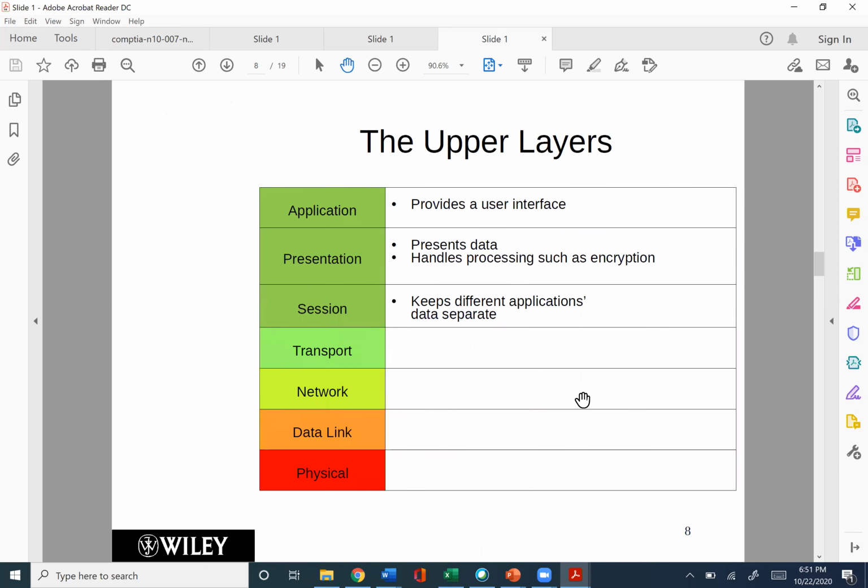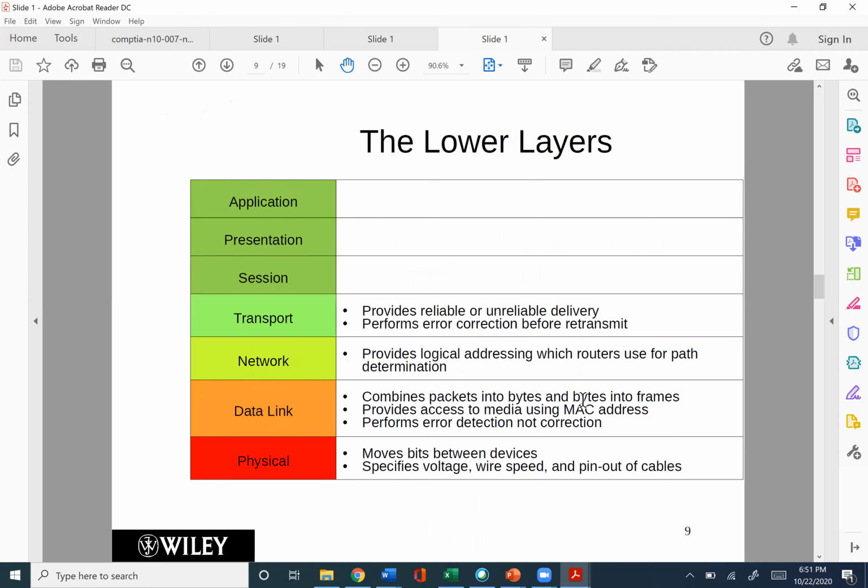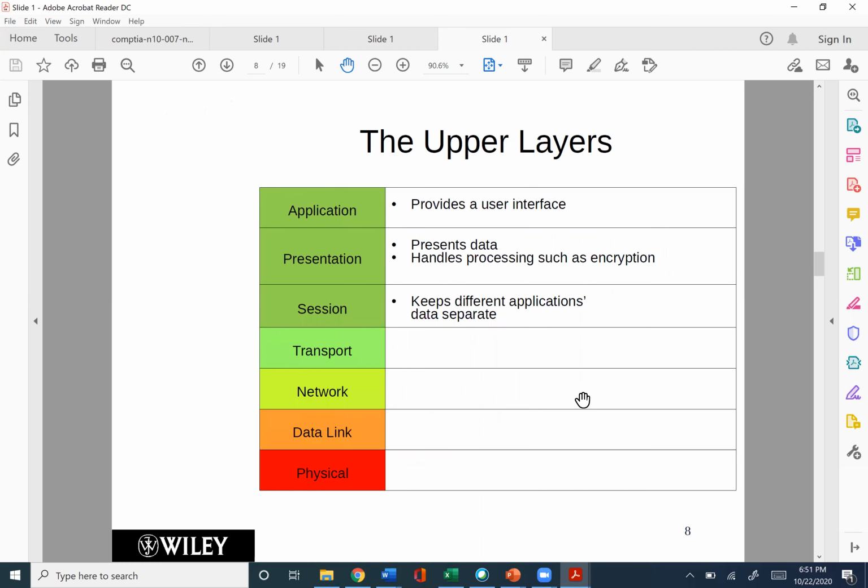We're going to talk a little bit about the upper layers and what they provide. So we have the session, presentation, and application. Never read the OSI model from the top down, always bottom up, okay?